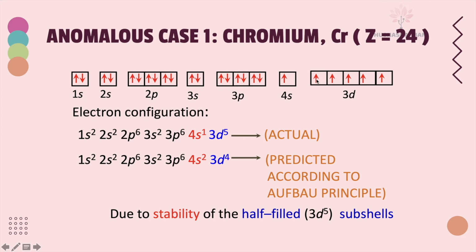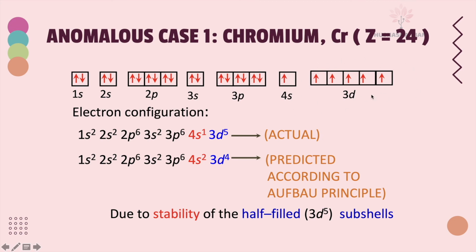If you compare 4 electrons in 3d, it is less stable than 5 electrons in 3d because there is one electron missing. This electron is in 4s. So if it is here, it is less stable. That's why this is the actual configuration for chromium, because it is more stable like this.